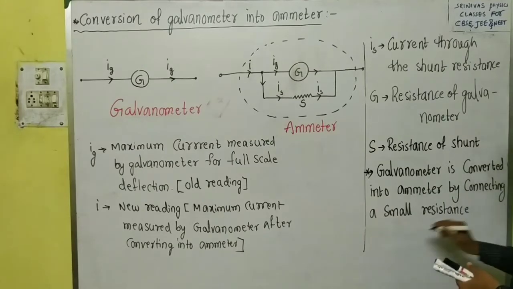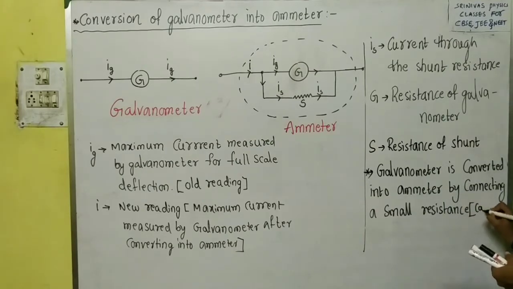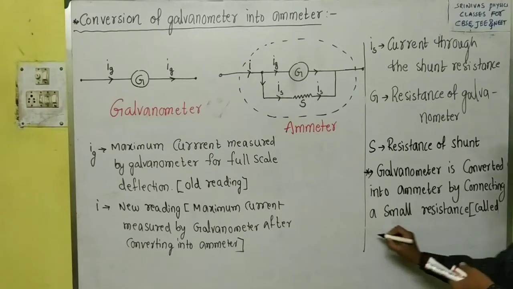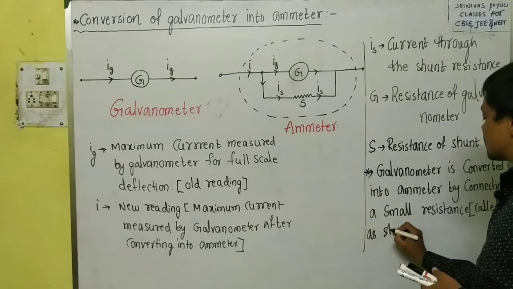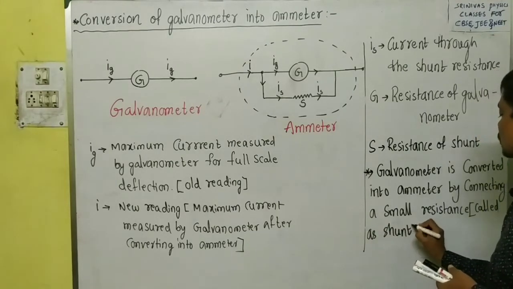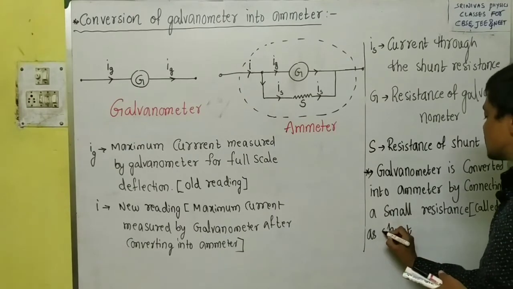That small resistance is called as shunt.